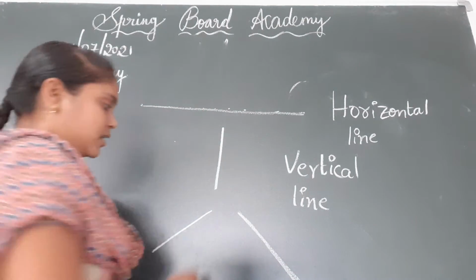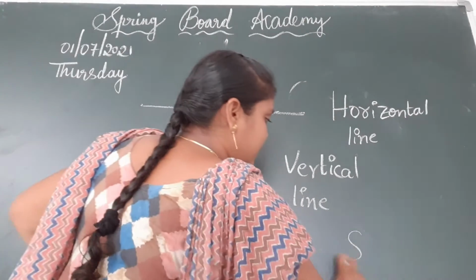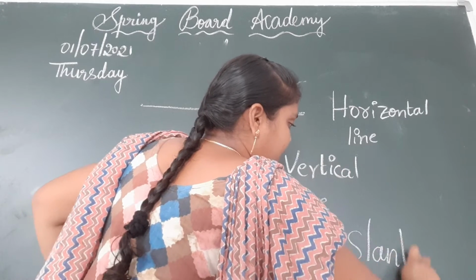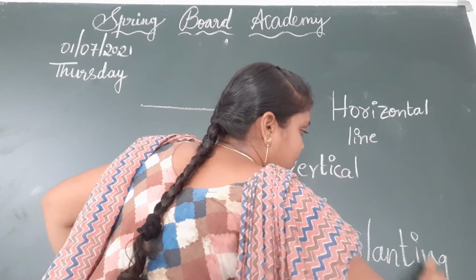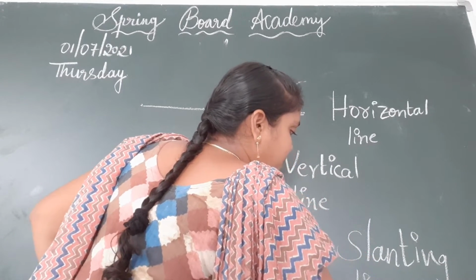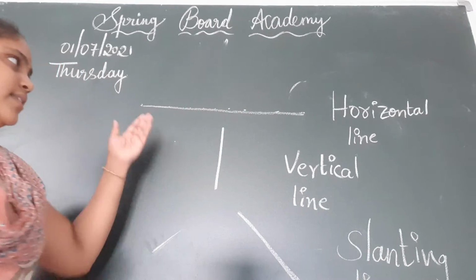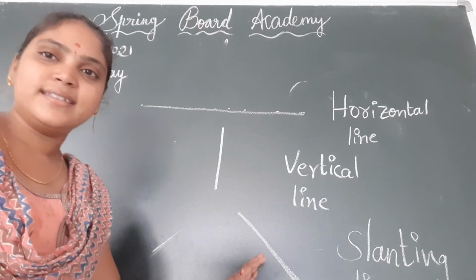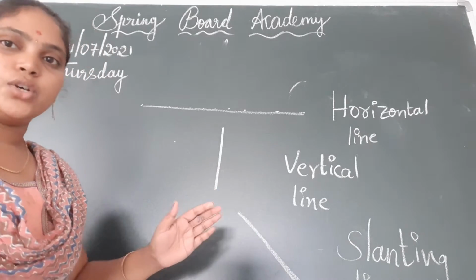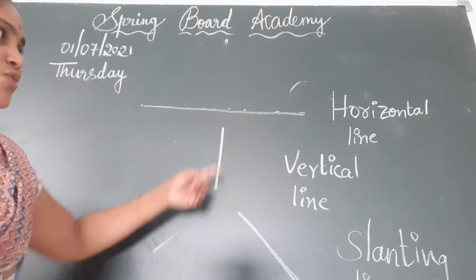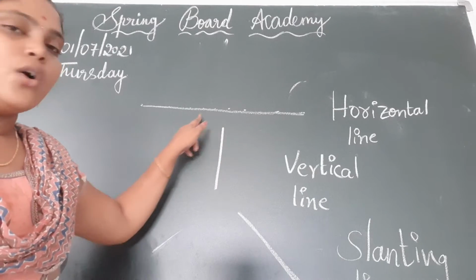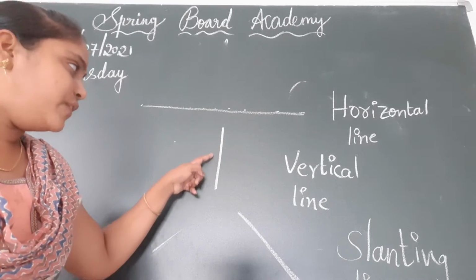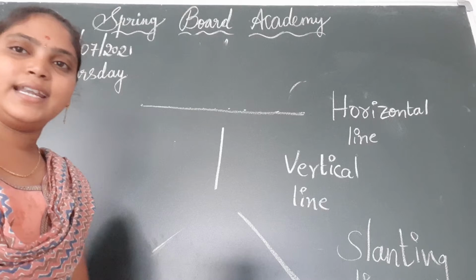This is a slanting line. In PP1 you learnt already, this is sleeping line, standing line, slanting line. In our maths we call these lines horizontal line, vertical line, slanting line.